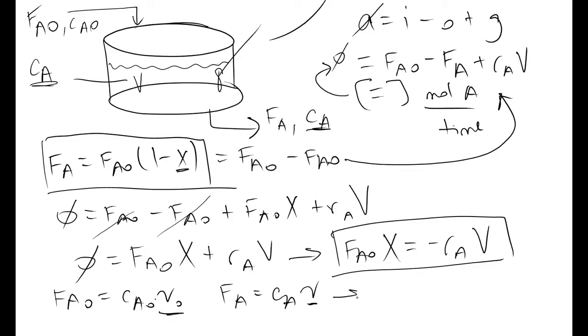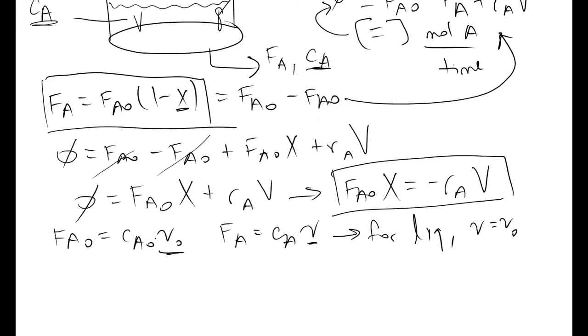If we're working with liquids, we know that V is equal to V naught. And when we know that, we can define the relationship CA is equal to CA naught times 1 minus X. And we go to the definition of FA naught.